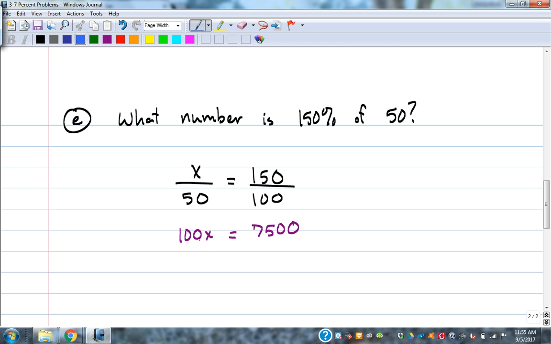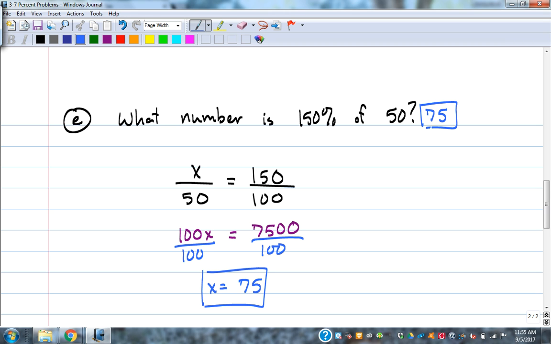Divide by 100. That's easy. 75. Does that get a percent? No, it's just 75. Easy stuff, right?